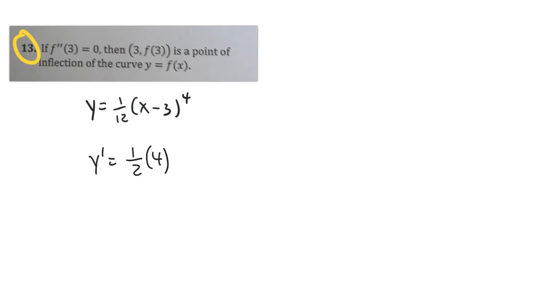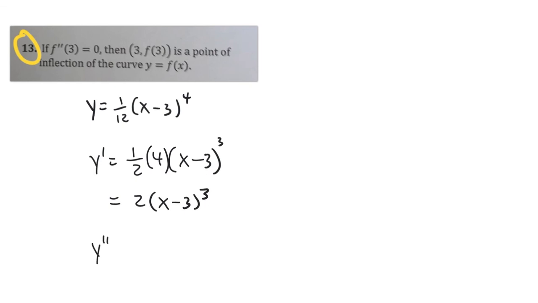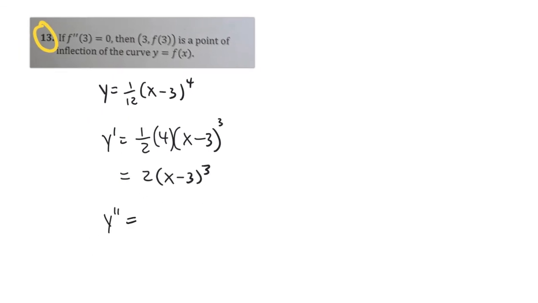So it's going to be 4 times (x minus 3) raised to the 3rd times the derivative of what's inside here, which is just 1. So y prime would be 1/3 times (x minus 3) to the 3rd. Then when we do y double prime, that's going to be 1 times (x minus 3) to the 2nd, times, it's chain rule, the derivative of what's inside here, but that's really just a 1.